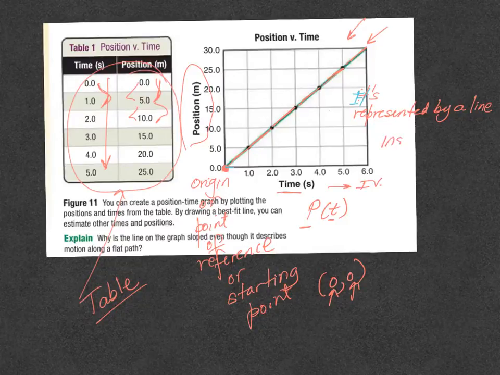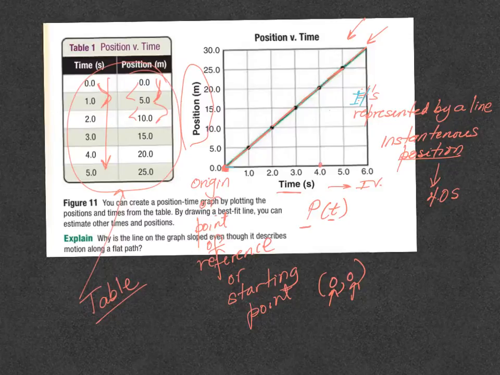Instant position or instantaneous position is the position at any given point in time. So I want to know the instantaneous position after 4 seconds.